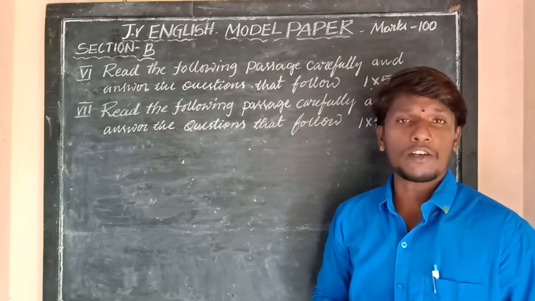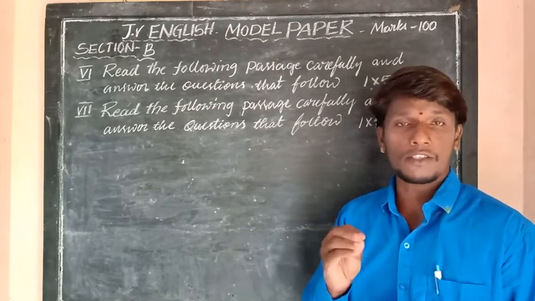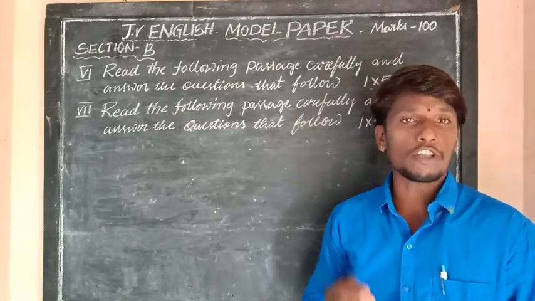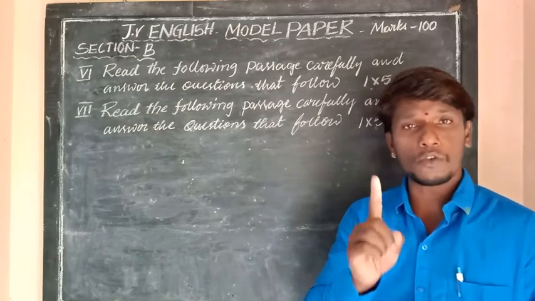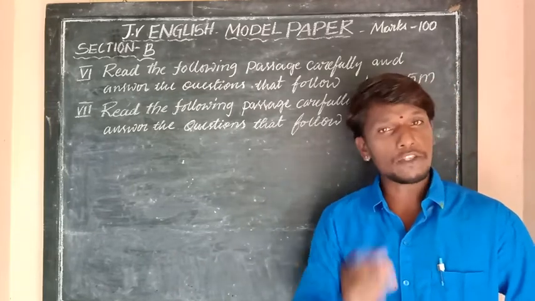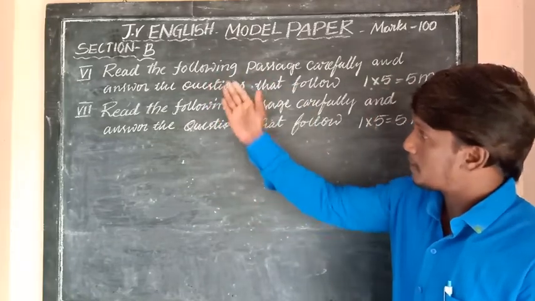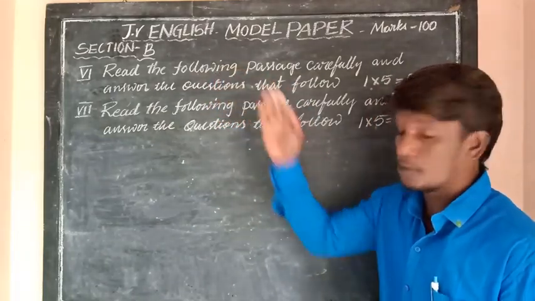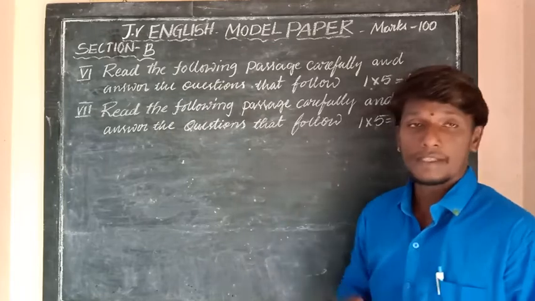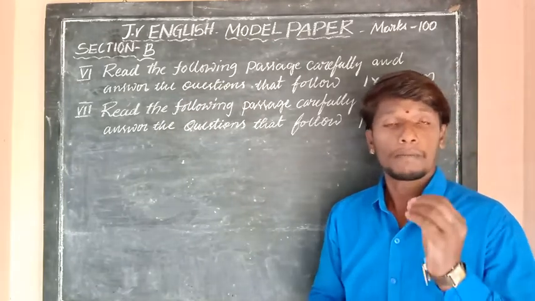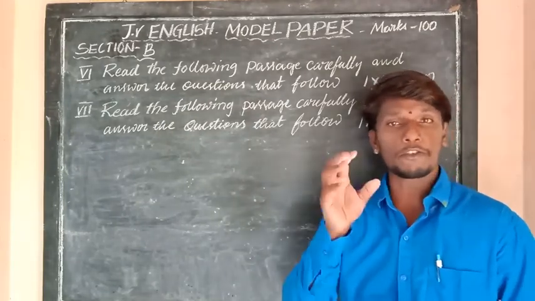You need to attend all the 5 questions. There is no choice. Each question carries 1 mark. 5 into 1 is equal to 5 marks. So Roman number 6 is 5 marks, and Roman number 7 is also 5 marks. Totally from section B you are going to get 10 marks.